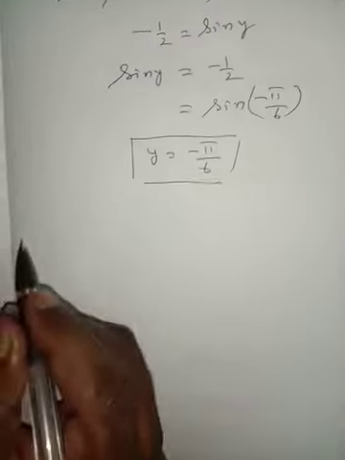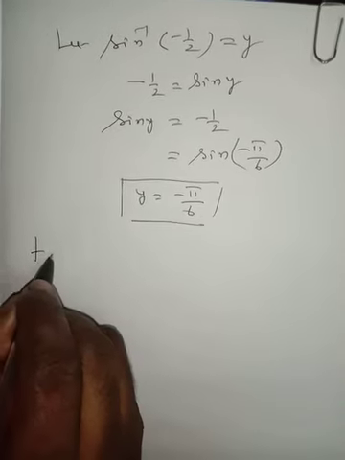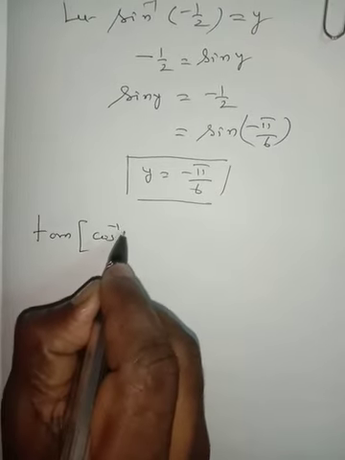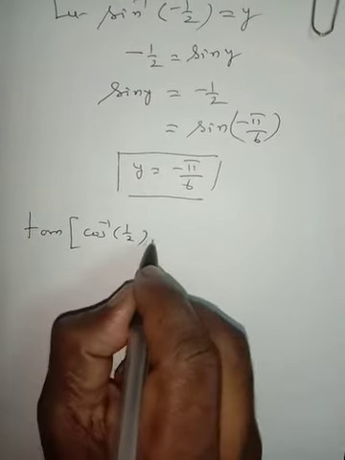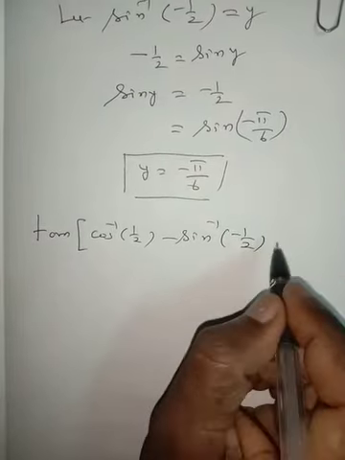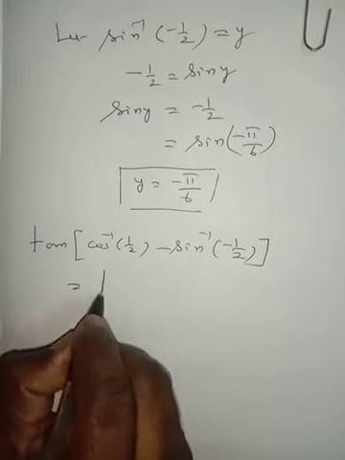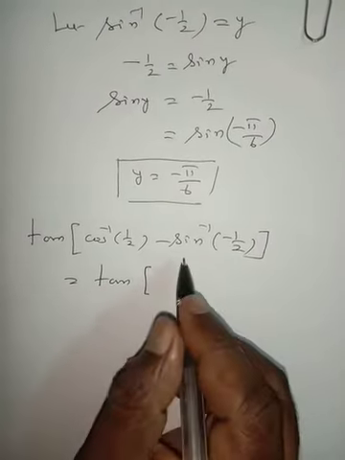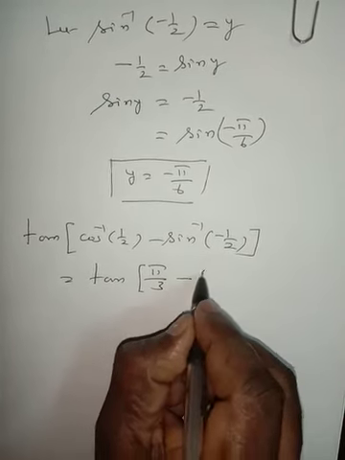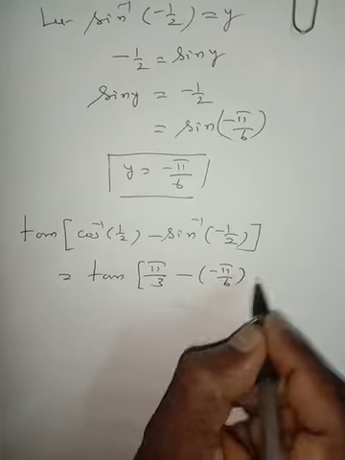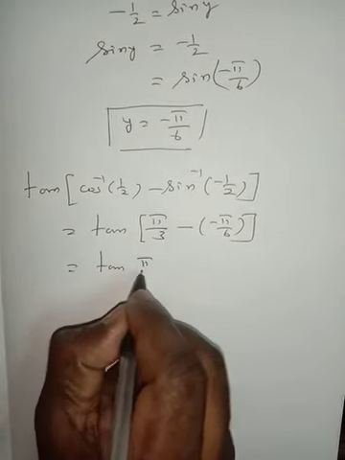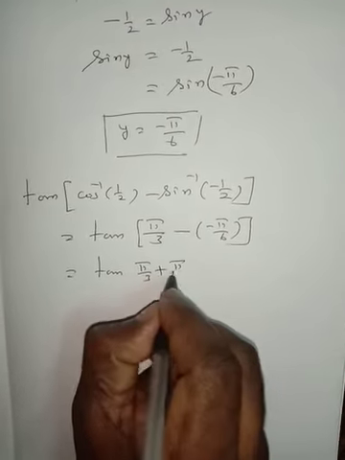Now tan of cos inverse of 1 by 2 minus sin inverse of minus 1 by 2 is equal to tan of pi by 3 minus of minus pi by 6, which is equal to tan of pi by 3 plus pi by 6.